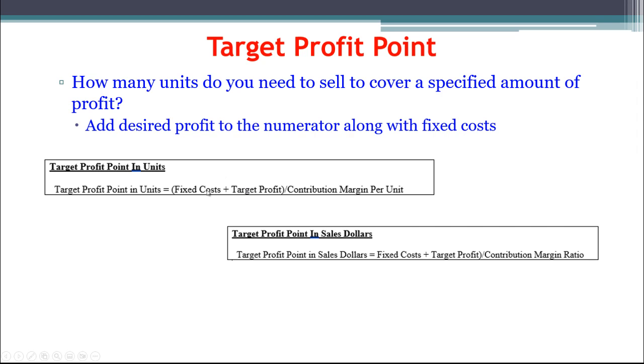Now we're trying to cover fixed cost plus the target profit. So we divide that by the contribution margin per unit, and we get the number of units to sell to hit that target profit. If we want to get the target profit point in sales dollars, again, we take that higher numerator with the target profit included divided by the contribution margin ratio.